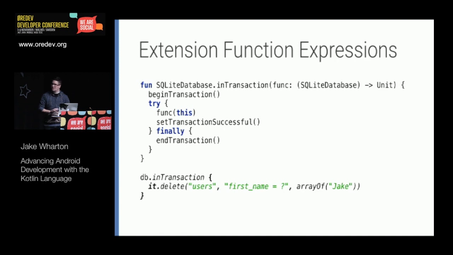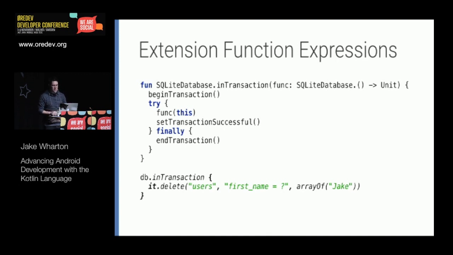So this is still kind of annoying. We've potentially prevented a bug, but it's still annoying to have to specify it every single time you want to access this database. And what's interesting here is that the argument that's coming in is a function. And we can change that function to actually itself be an extension function on SQLiteDatabase.